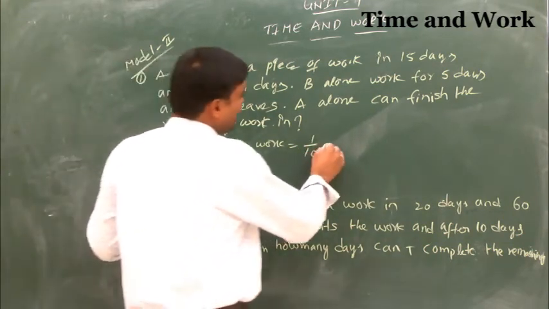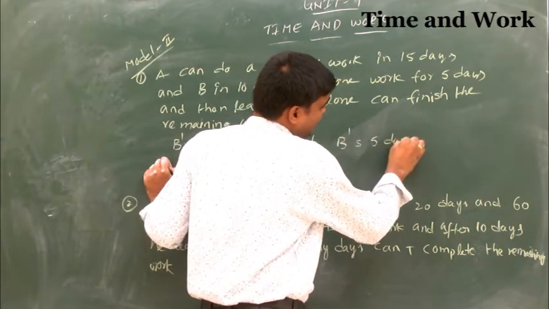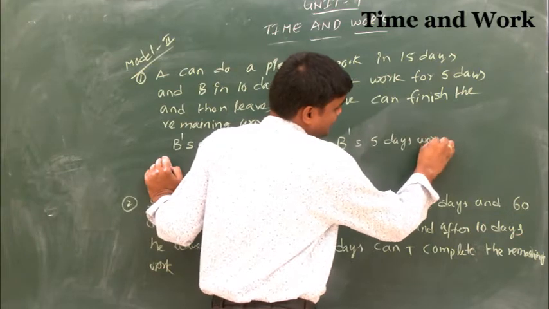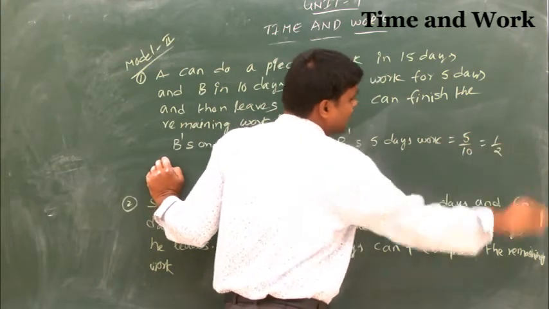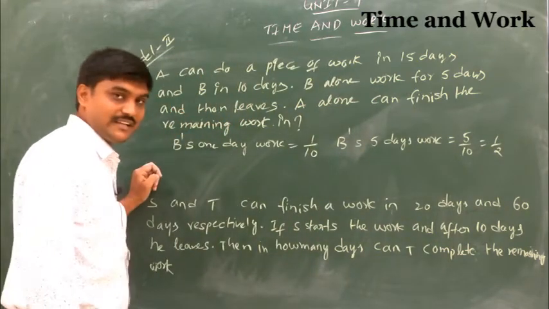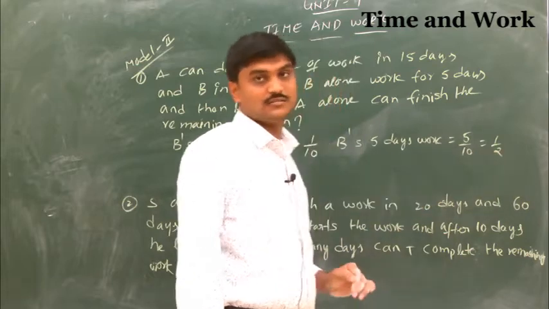So B's 5 days work is 5 by 10. That is 1 by 2. That means in 5 days B completes half the work.